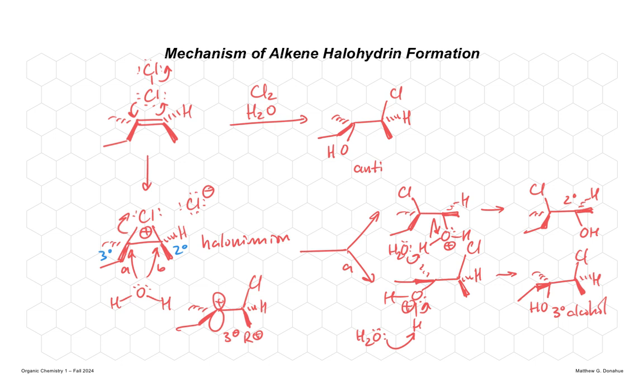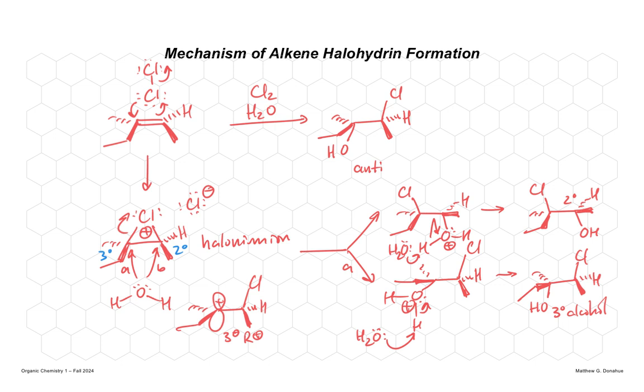So now a potential issue with thinking of the mechanism as just another intermediate: now you have a sigma bond that could rotate, and you would end up with what would appear to be a syn addition, but it's really not.